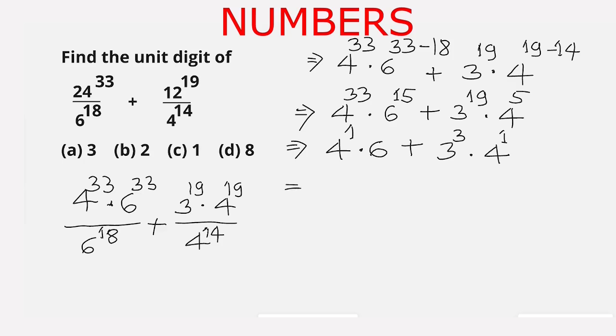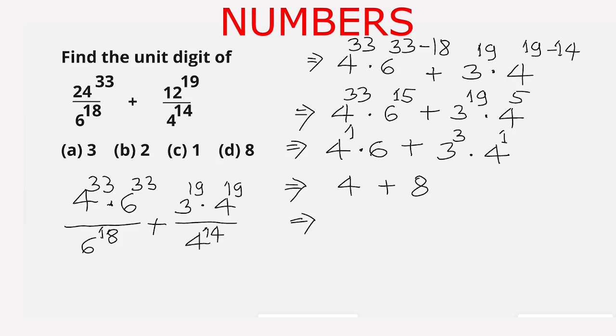So the ones place digits we get are 4 times 6 is 24, and the ones place digit of 24 is 4, plus 3 times 3, which is 3 to the power 3 is 27, and the ones place digit of 27 is 7, and 7 times 4 is 28, and the ones place digit of 28 is 8.